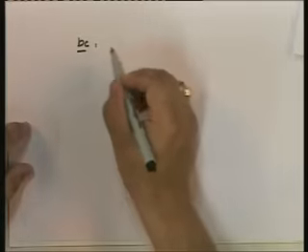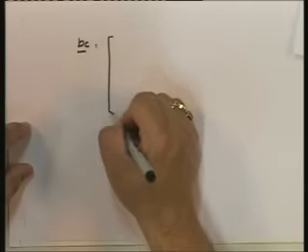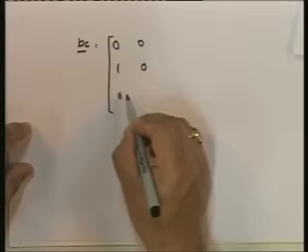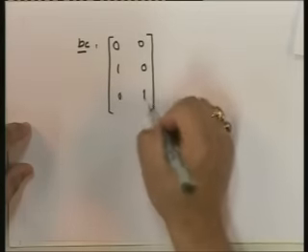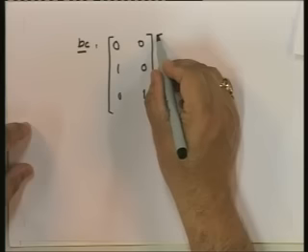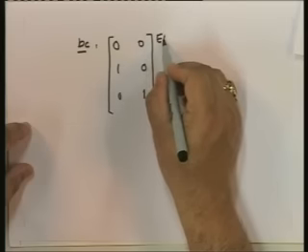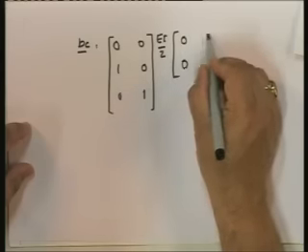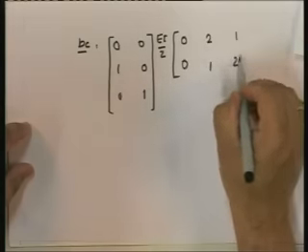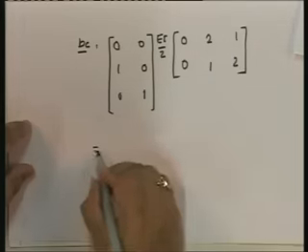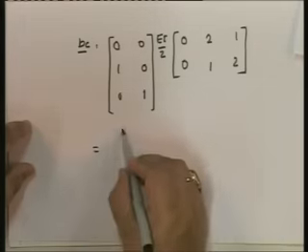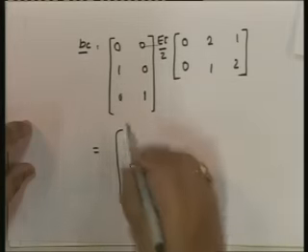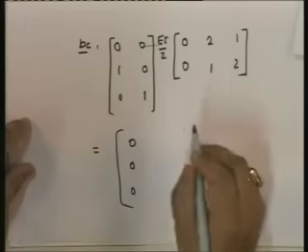For BC, AI transpose is nothing but 0, 0, 1, 0, and 0, 1. And over here we have EI by 2 into 0, 0, 2, 1, 1, 2. Let us see what happens. The first one is 0 into 0, so it's 0; 0 into the first one is 0.